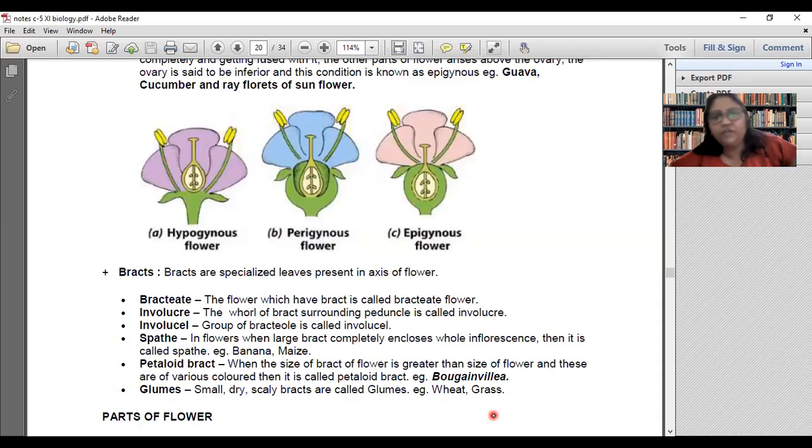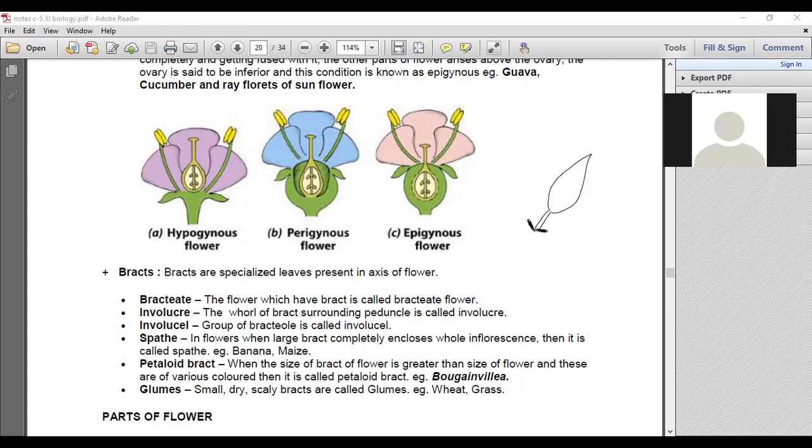Can anyone tell me what they are called? Class? Leaflet? No. Leaflet is present in compound leaf. I am talking about the thing where I told you that if this is the leaf lamina and petiole, at the base of leaf, small green parts are there. What are these green parts called?